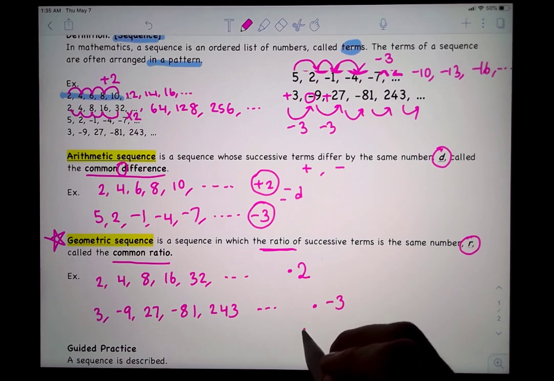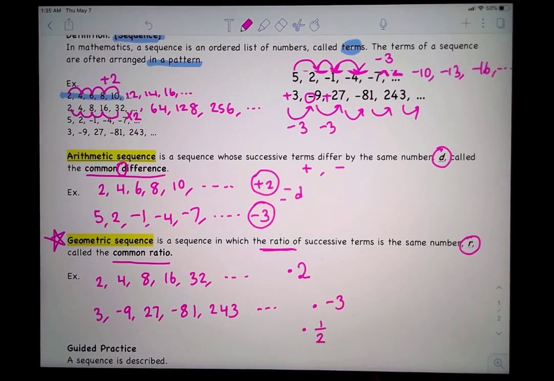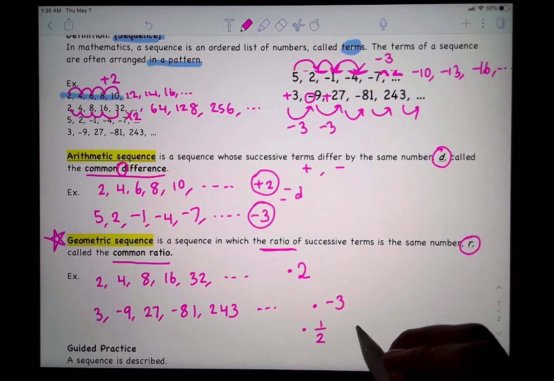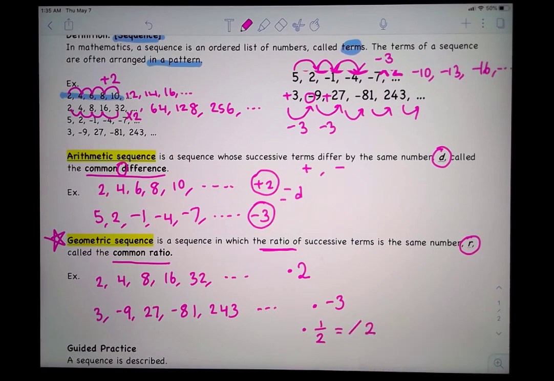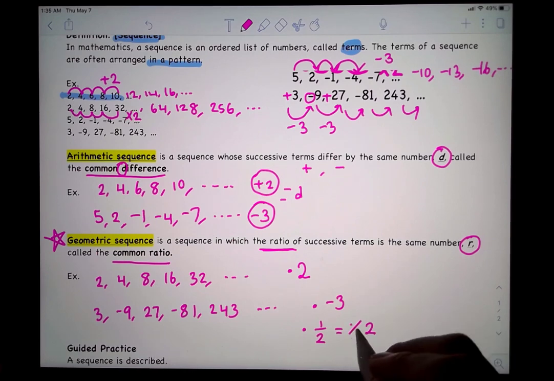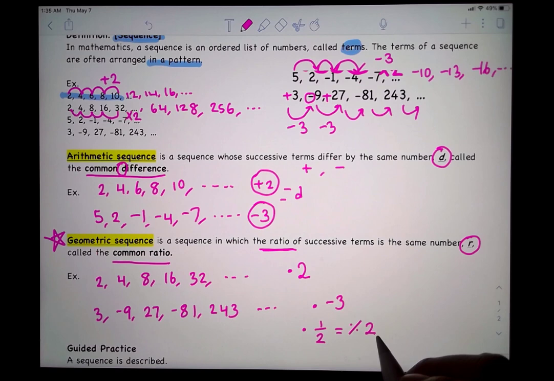If you multiply by a fraction, times 1 over 2, that's the same as divided by 2. Multiply by 1 over 2 is equal to divided by 2. So if you see division or multiplication as a pattern, then that's the geometric sequence, and the pattern number will be your common ratio.